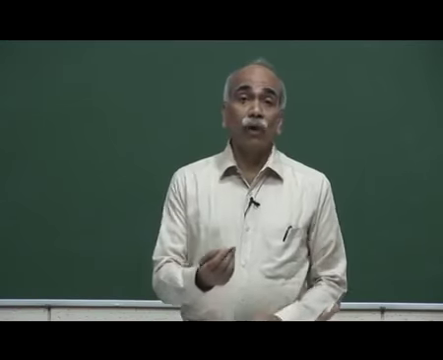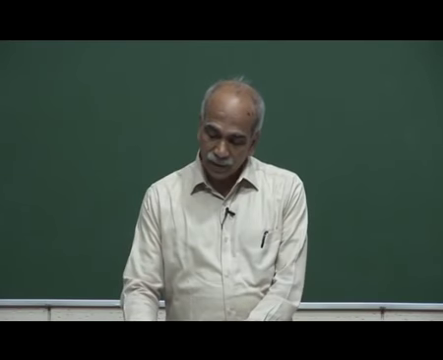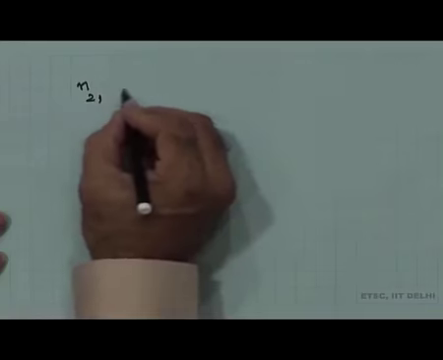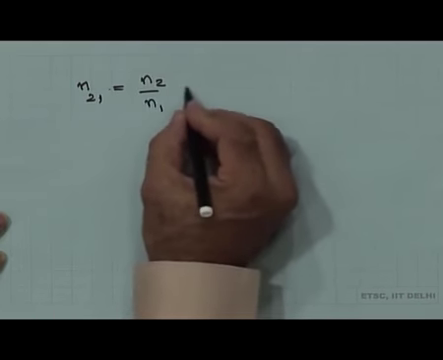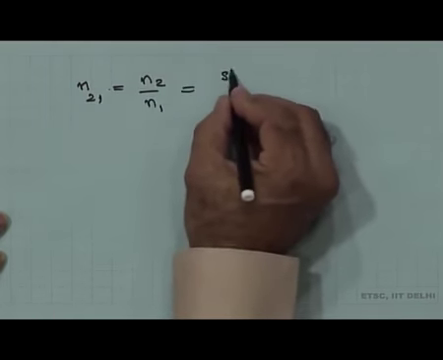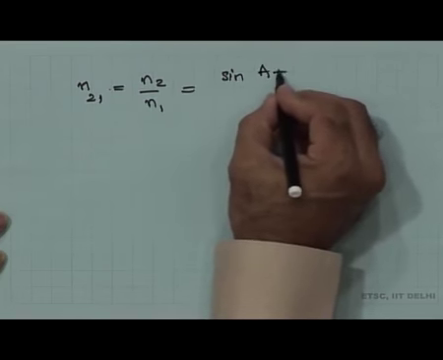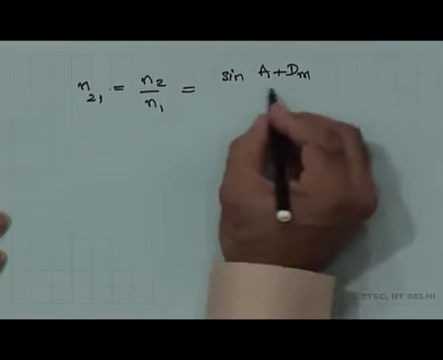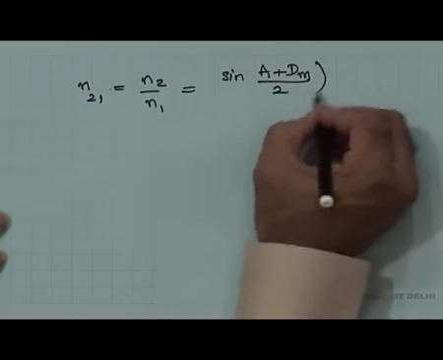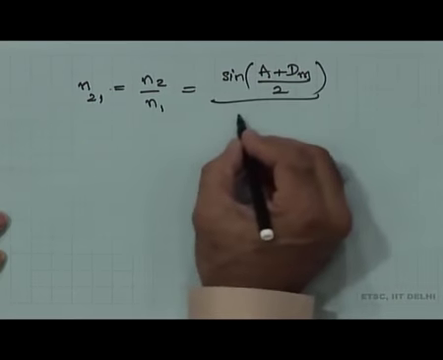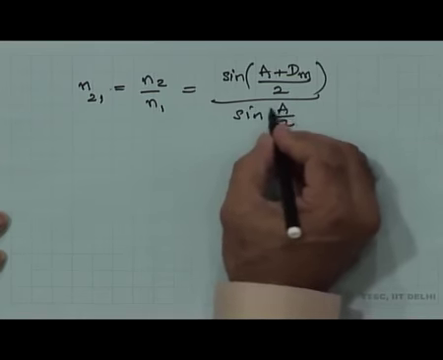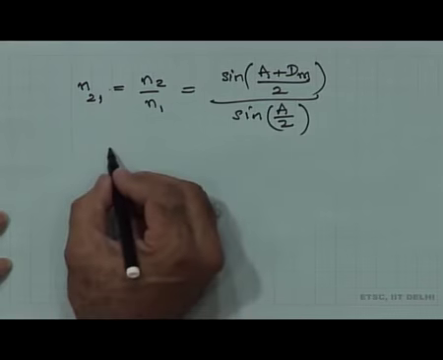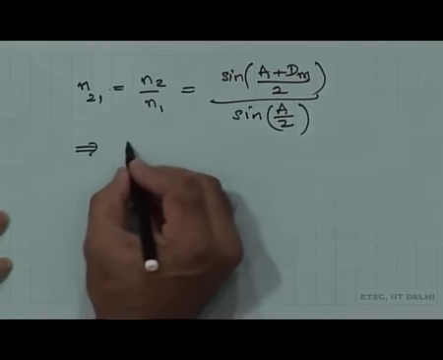We could have used the formula for refractive index. So, we had n21 is equal to n2 by n1 is equal to sin of (A plus dm) by 2 divided by sin A by 2, and we will get exactly the same answer. In this case, we know that n2 is given.